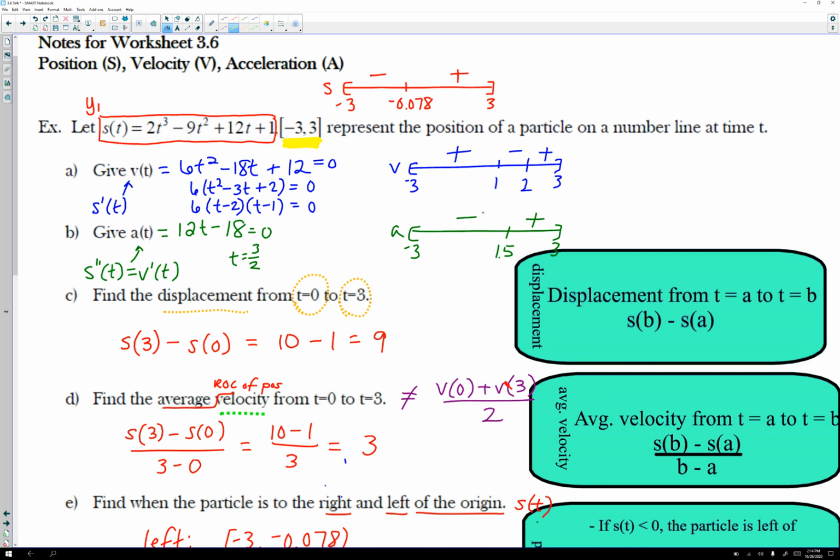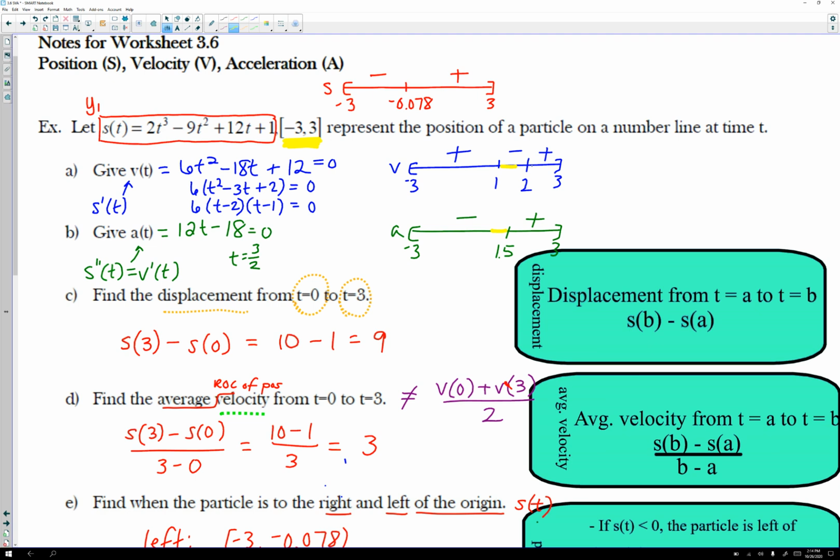So we compare and we find areas where they're both negative or they're both positive. If you can see here, the little parts that I just highlighted in yellow, from 1 to 1.5, both velocity and acceleration are negative. Okay, so from 1 to 1.5.